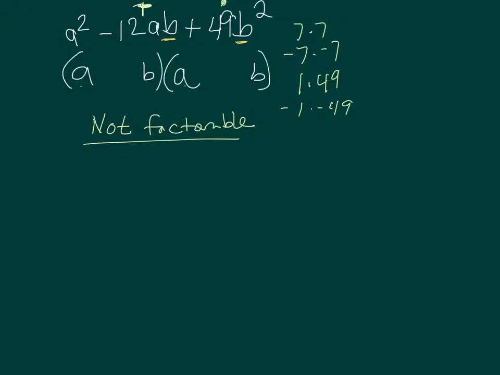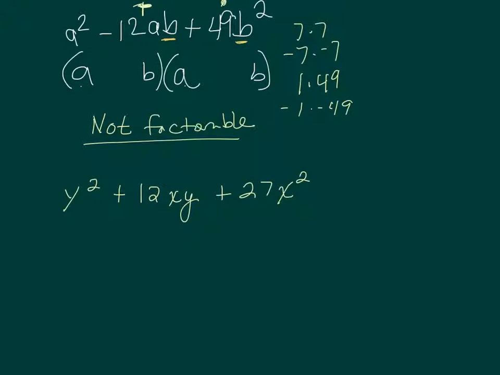What if we have something like this? y squared plus 12xy plus 27x squared. Okay, let's try to factor this.